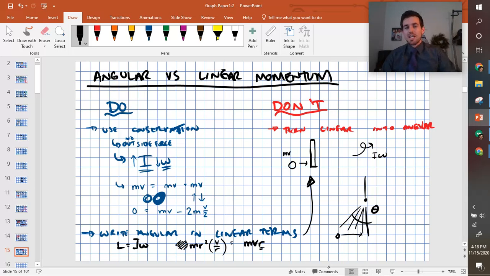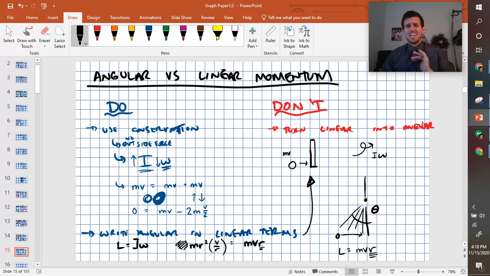We can describe its angular momentum using that formula right there, which is mvr. So just be aware that we can throw that r onto the linear equation and basically look at linear momentum in a new way, as angular momentum.